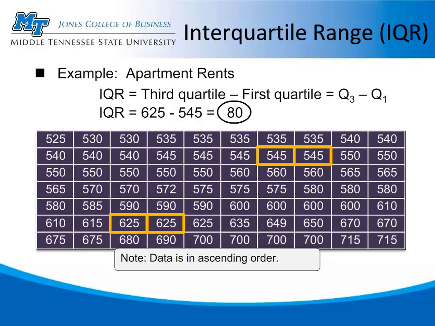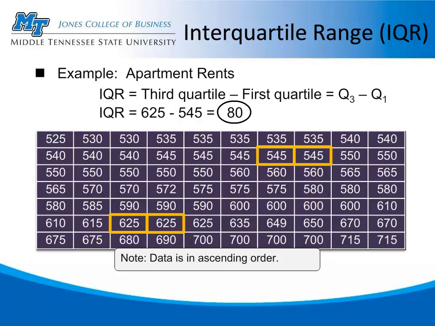And you come up with 17 3/4. So the value of the first quartile is going to be between the numbers in position 17 and 18 when you put them in order. Now it happens in this case that the number in position 17 and 18 is the same. It's 545. So that's the value of the first quartile.